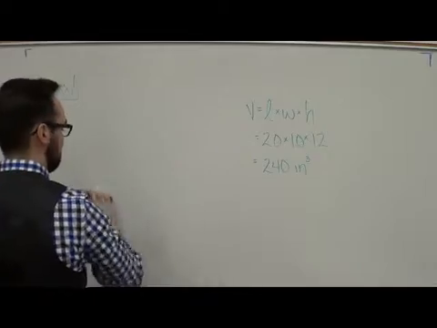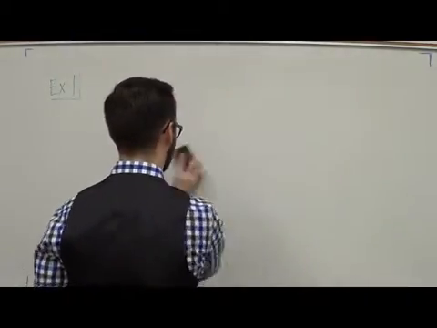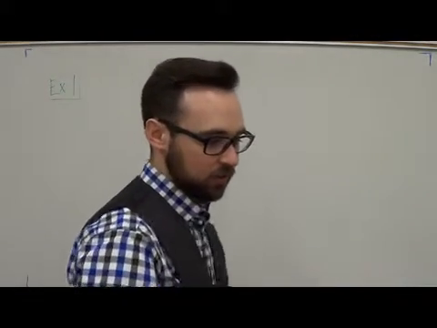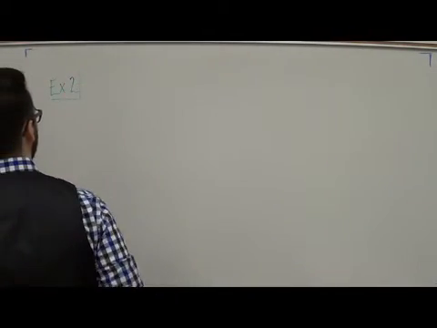Let's do another one. So let's take a look. So this one they're going to give us in words. So they're not going to draw us a picture, but they're going to give us the words.